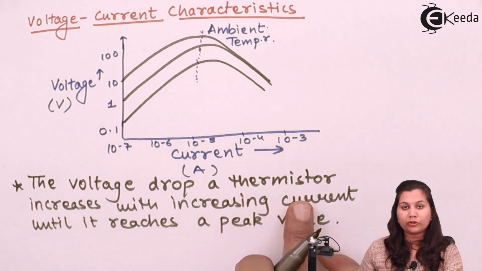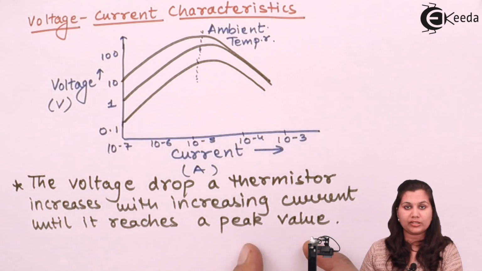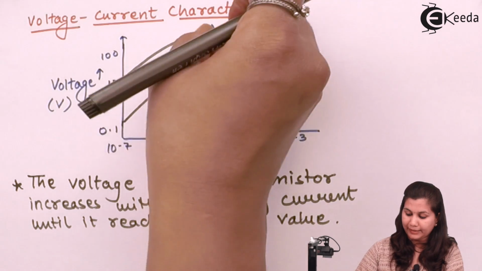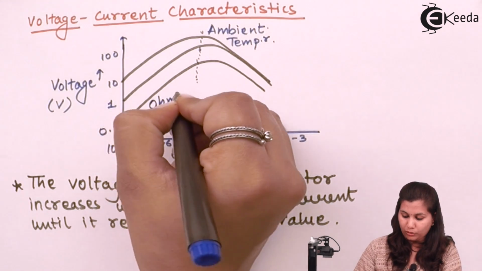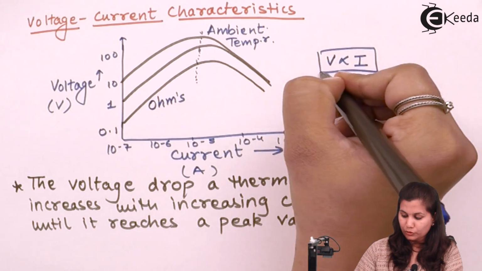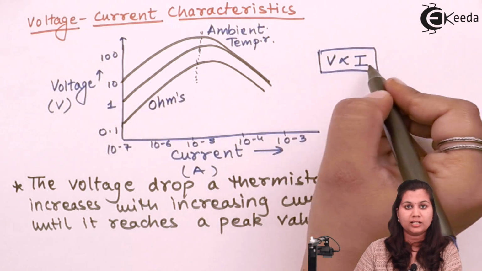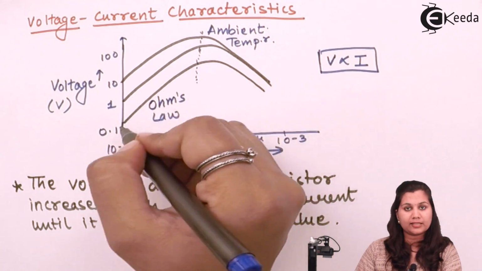So the voltage drop across a thermistor increases with the increasing current until it reaches a peak value, which is the ambient temperature. So in this range, it is following Ohm's law. According to Ohm's law, V is proportional to I. So for a constant resistance, the voltage and current show a linear relationship in this range.